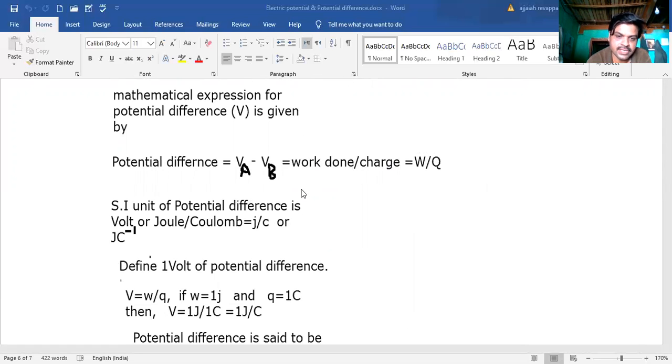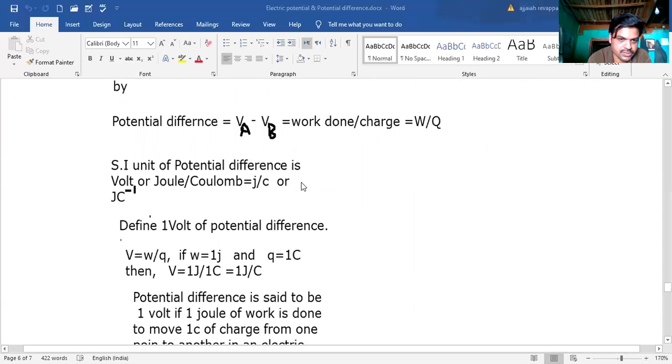Now we'll come to the SI unit of potential difference. SI unit of potential difference is volt or joule per coulomb. How did we get this? The expression is V is equal to W by Q. What is the SI unit of work done? Joule. What is the SI unit of charge? Coulomb. So it is joule per coulomb.